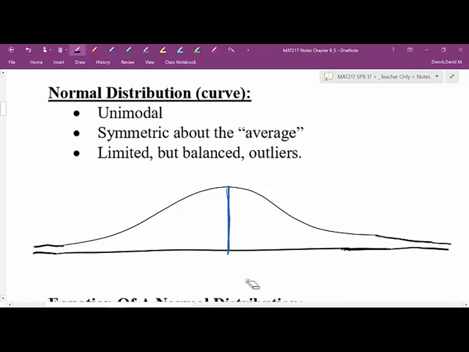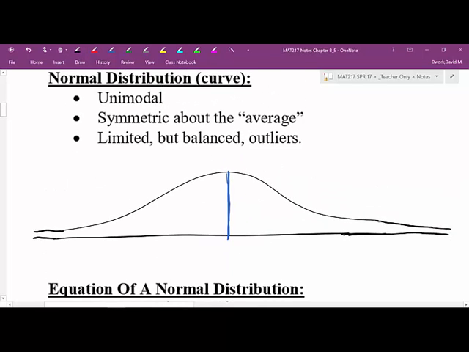Okay, that's it. And then, of course, the way that we're going to use it in here is we're going to talk about the area under the curve. That area is going to equal 100% of your population, or aka, as a decimal, 1. When you add up all the areas, it's going to equal 1.